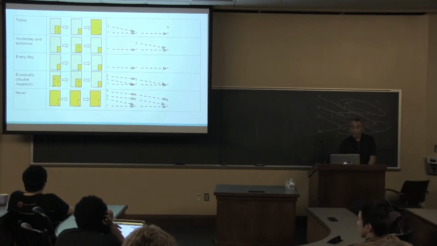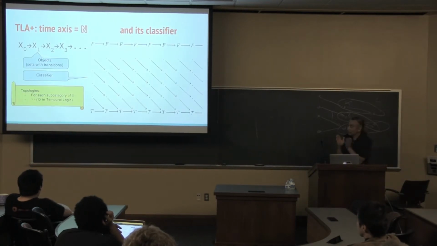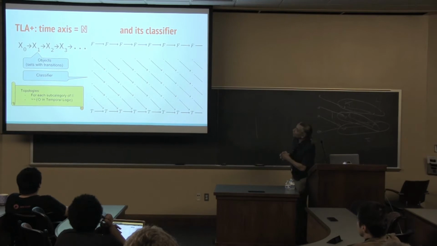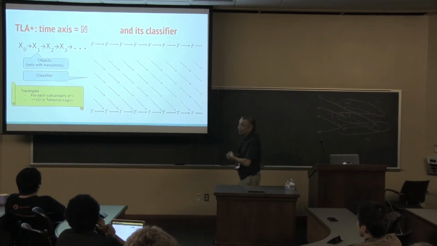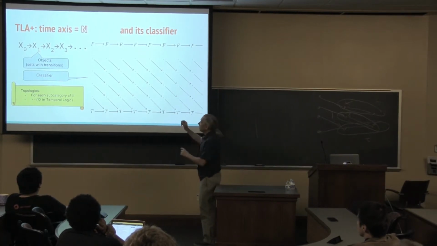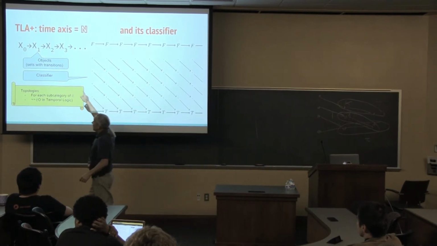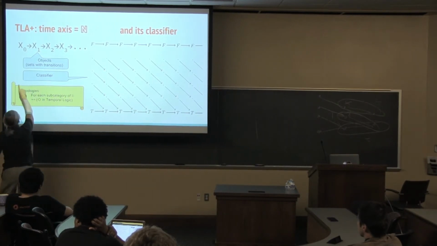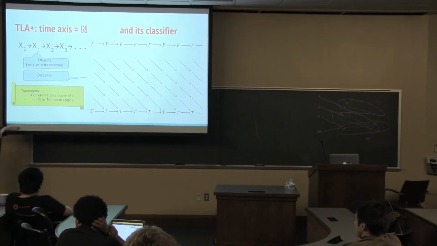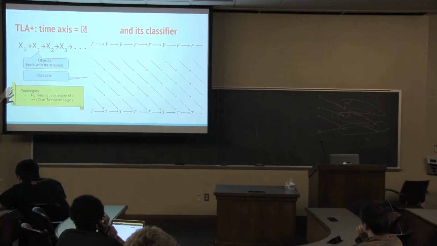Now let's look at a more sophisticated picture. Oh, it rendered well. So TLA plus. In TLA plus, we have sets, objects, events, whatever, attached to moments of time. So if we are talking about sets, we have x0, x1, and so on, a sequence of objects with transitions.